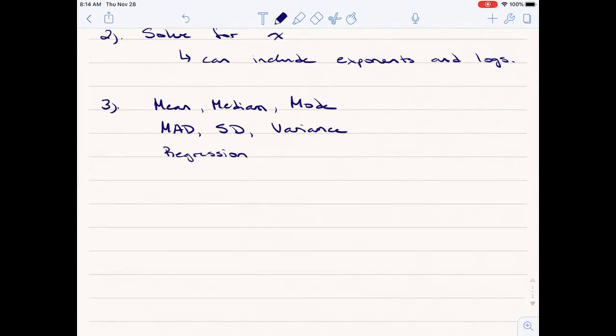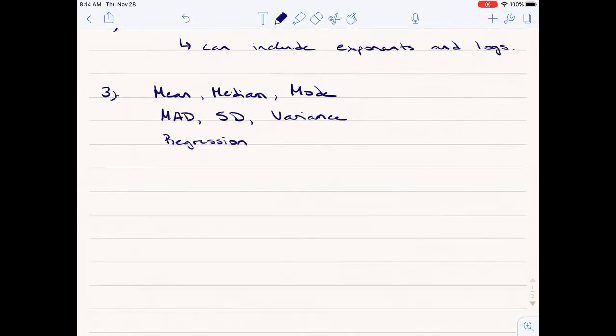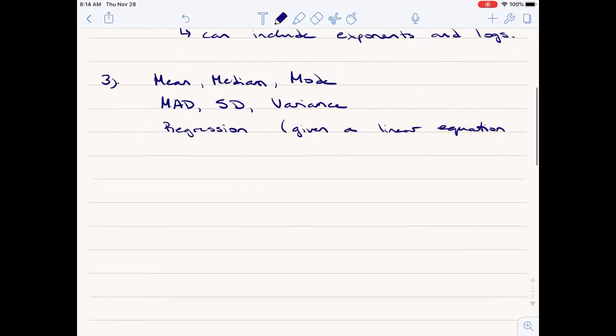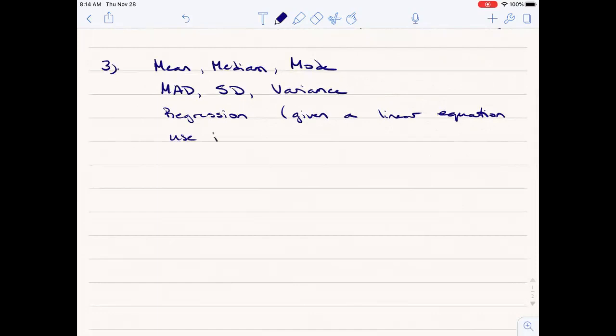Regression is, given a linear equation, use it to predict values.